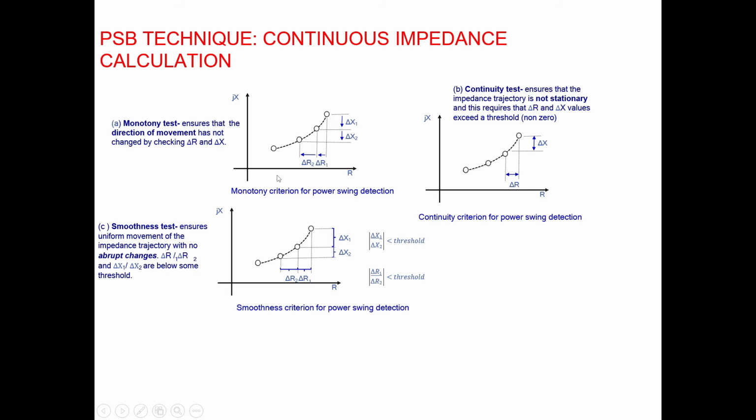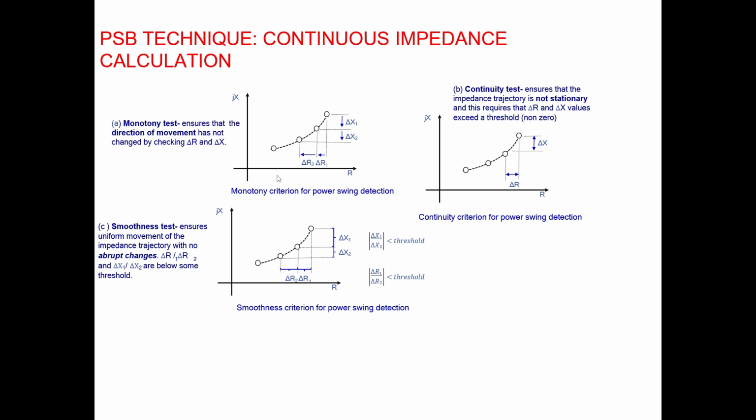The relay internal algorithm will keep on calculating delta x and delta r. What is the meaning of delta x and delta r? Delta x is basically the difference of x2 and x1, that means the reactance at the second sample minus the reactance at the first sample. Similarly, it will calculate delta r, and similarly delta x1, x2, x3 and x4.